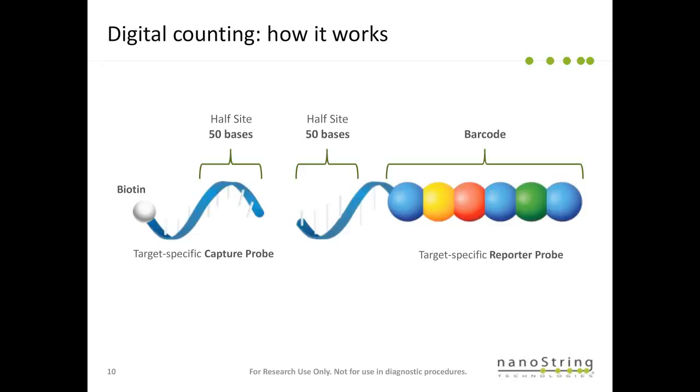The second half of the probe, called the reporter probe, has 6 positions and 4 color barcodes linked to it, so that our imaging system can take a picture of that barcode and know which gene this barcode represents. So using those two half-sites chemistry, we really can capture the target very efficiently and very specifically.